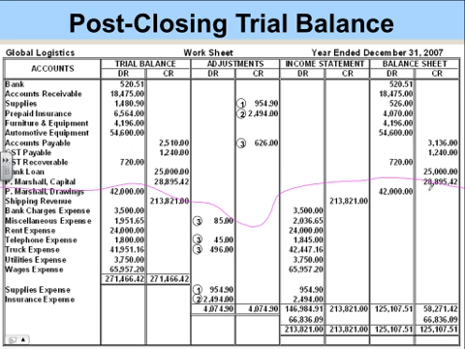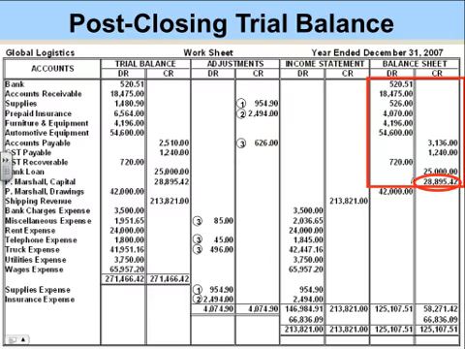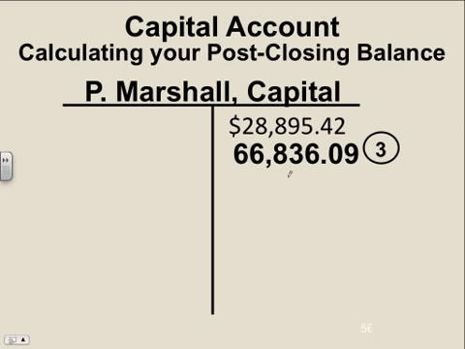But capital will be updated with our net income and our drawings. So there's our capital. That's the balance that we just saw. Remember the $28,895.42? That was our balance in our capital account. After we do the journal entries and post them, there goes our net income into capital.